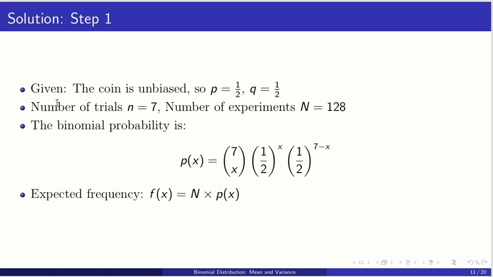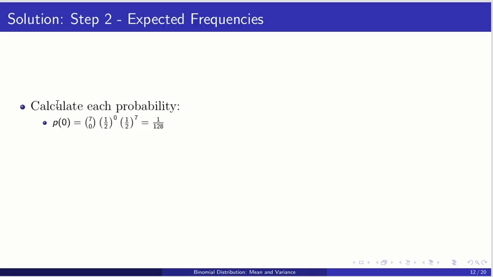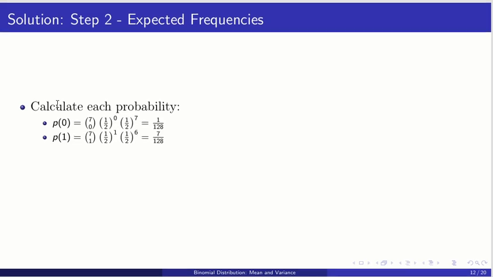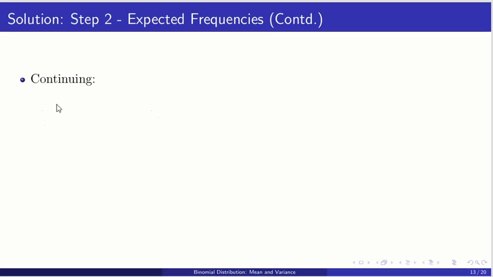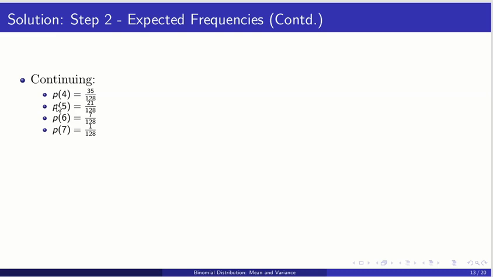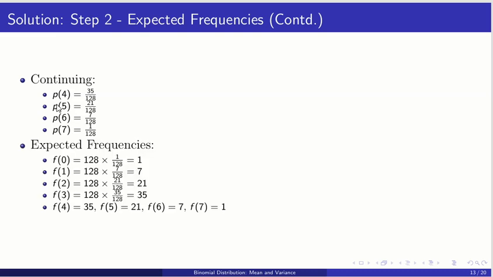Now for expected frequency, you know that we will multiply capital N into the binomial probability function. So you can see P0 here, P1 is 7 upon 128, then P2, P3, P4, P5, P6, P7, and for the expected frequencies we will multiply 128 with each.